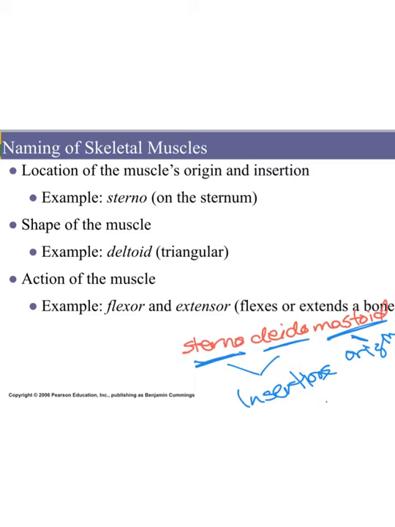Four-sided trapezoid. So the action of the muscle would be another one. Flexors and extensors. We have lots of flexors and extensors in our forearms and our lower legs. So they're going to tell whether that muscle is going to flex that bone or extend that bone.